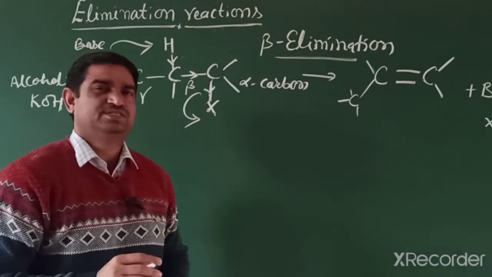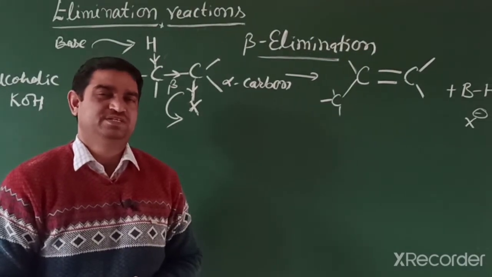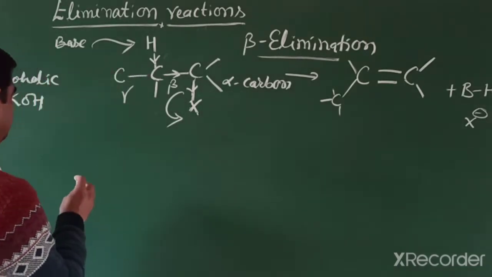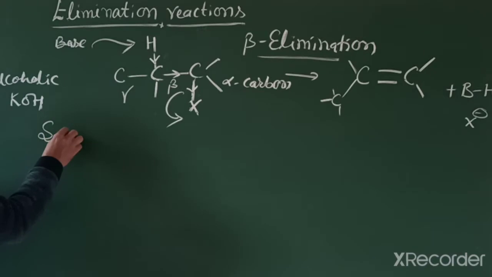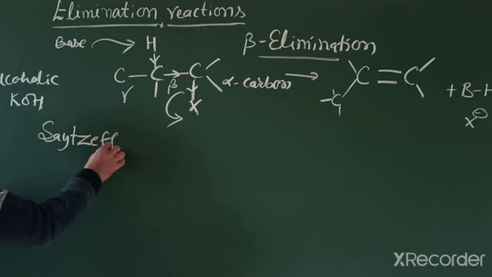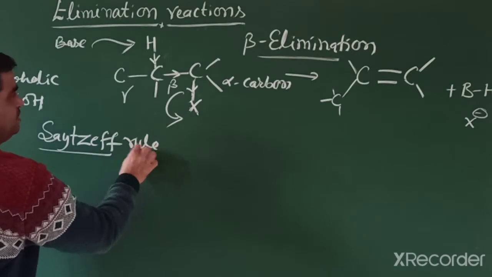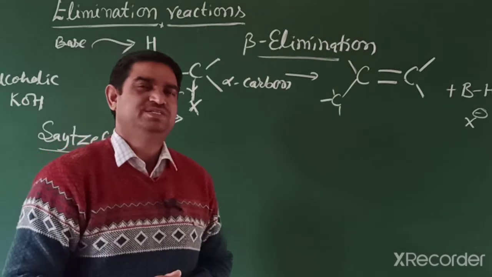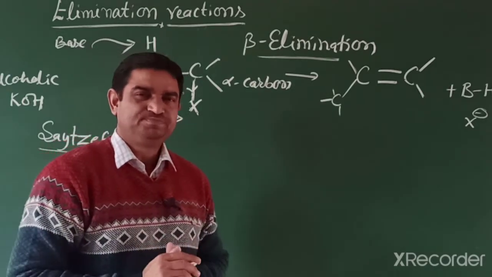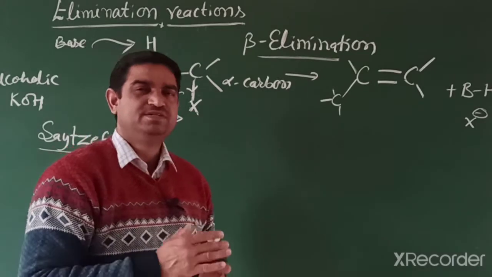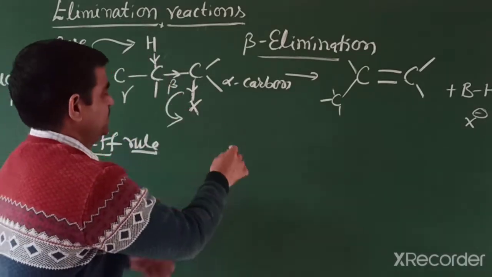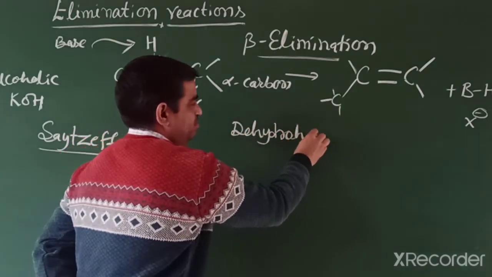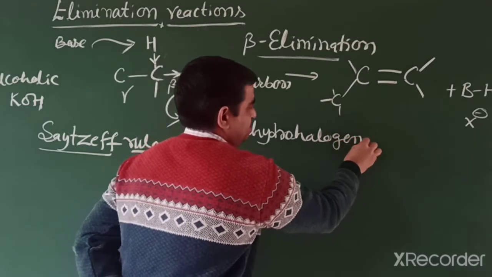This reaction was first explained by a Russian scientist, Alexander Zaitsev, so it is known as the Zaitsev rule. It means the alkene is formed according to the Zaitsev rule. What is the Zaitsev rule? When any alkyl halide undergoes a dehydrohalogenation reaction, this reaction is known as dehydrohalogenation.